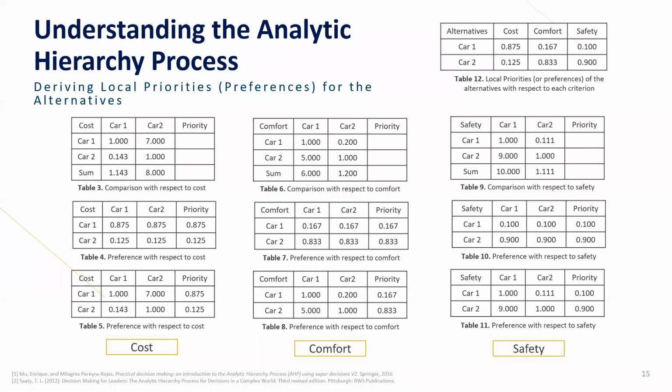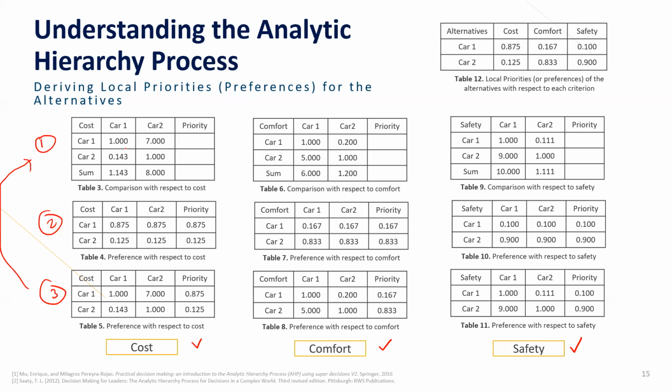Okay, so let's do the calculations. As I mentioned earlier, you need to compare the alternatives for each of cost, comfort, and safety. If you remember, the comparison is done using the same 3 steps: give the score, normalize, and then put back the value of the priority.